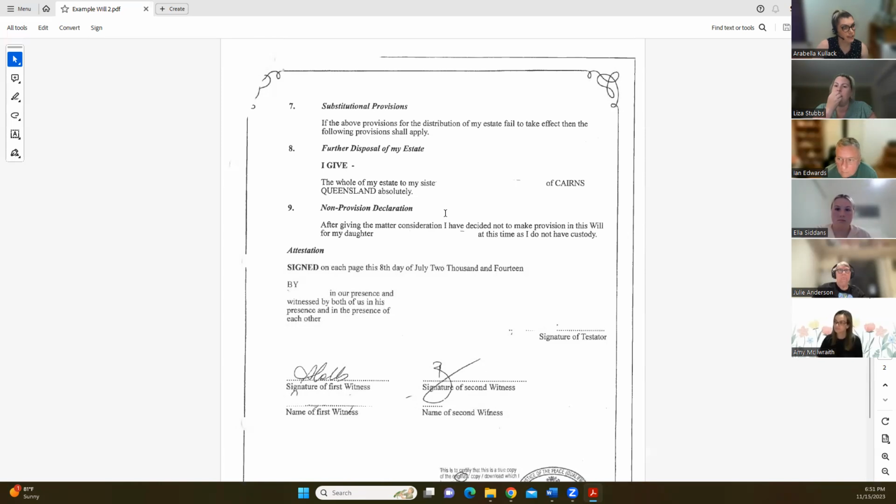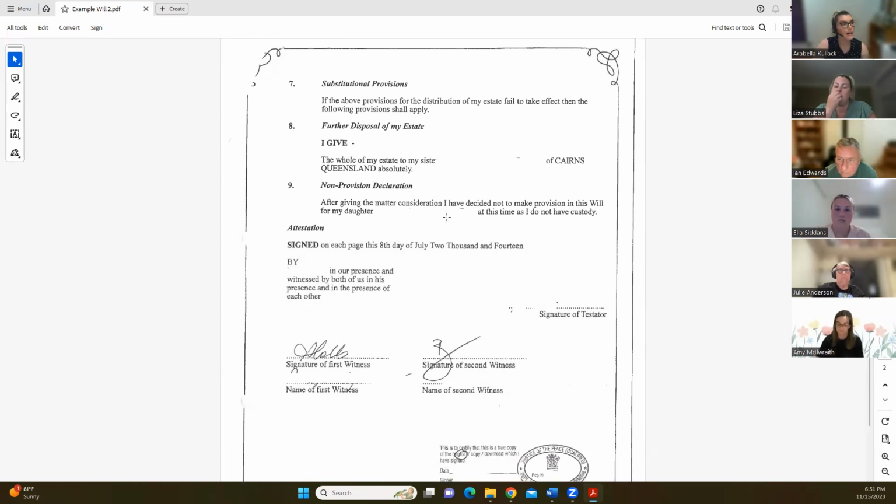Now, interestingly, in this will, they've included a clause stating that... can everyone still hear and see me? Yep, hopefully. They've included a provision stating that they're not making provision for their daughter because at this time I do not have custody.